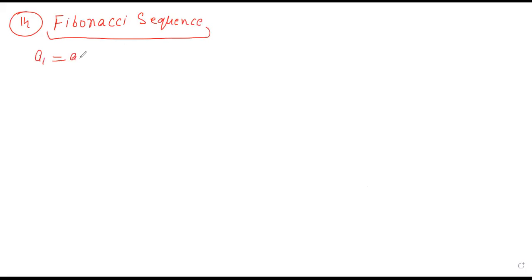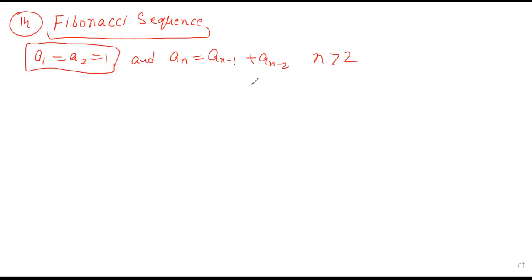So A1 equal to A2 equal to 1, according to the question, and AN equals AN minus 1 plus AN minus 2, N greater than 2.